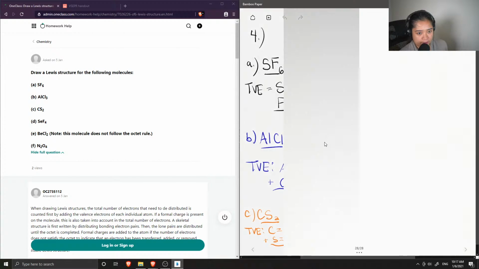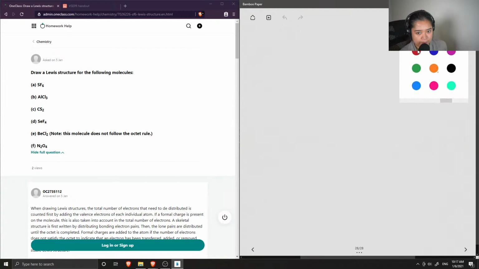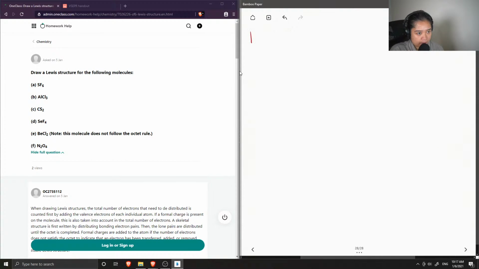Then I'll try to fit the remaining Lewis structures on the next page. For D, we have selenium bonded with 4 fluorines. Selenium has 6 valence electrons, and each fluorine atom has 7, and there are 4 of them in total.